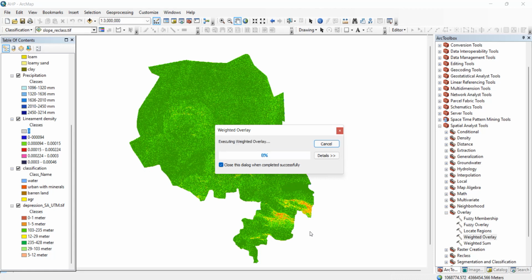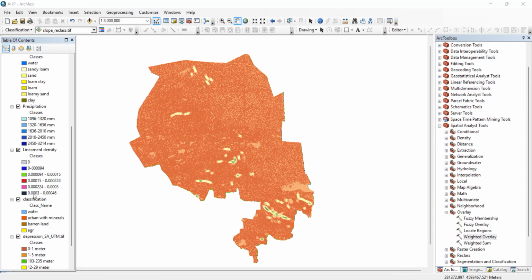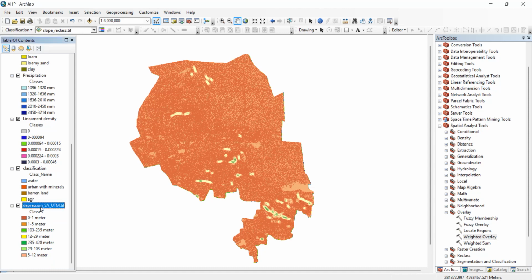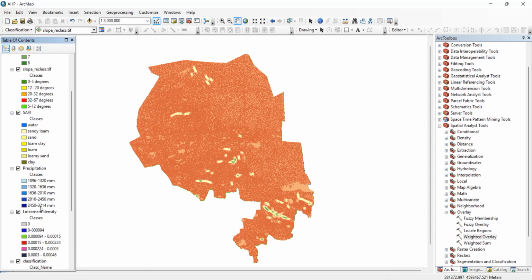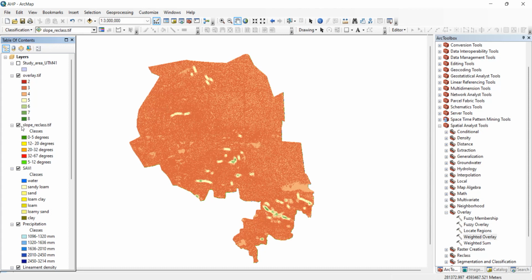Now it's overlaying according to the data that we decided to assign. So let's wait. So my overlay is ready. So this is my overlay.